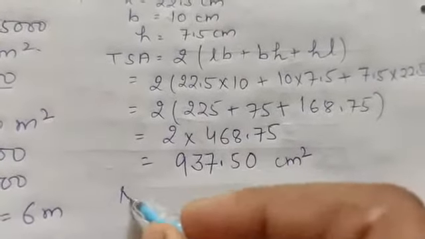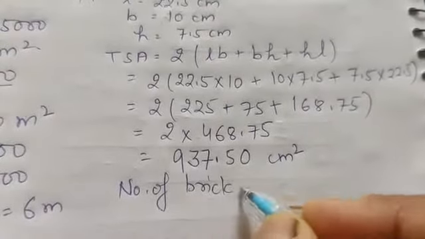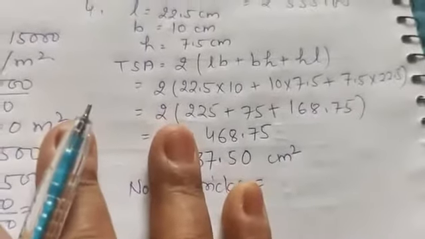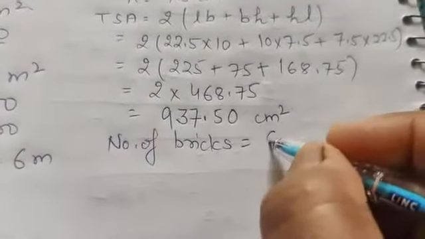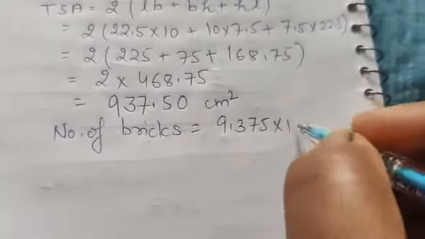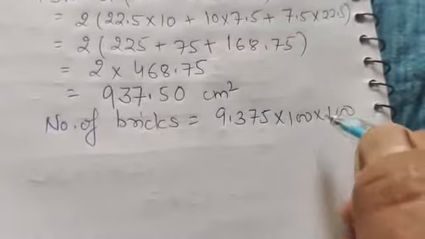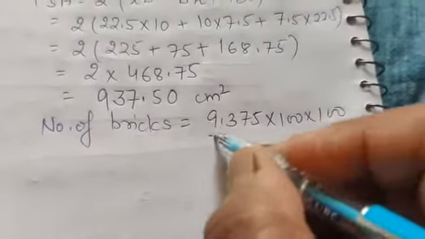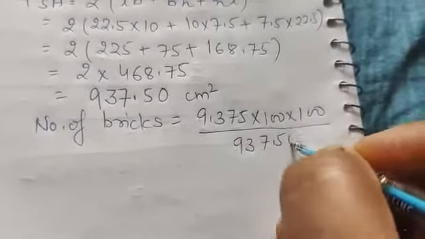The paint is sufficient for 9.375 meter square. The number of bricks equals the total area, 9.375 meter square, converted into centimeter square. 1 meter equals 100 centimeter, so meter square means 100 into 100, divided by 937.50.